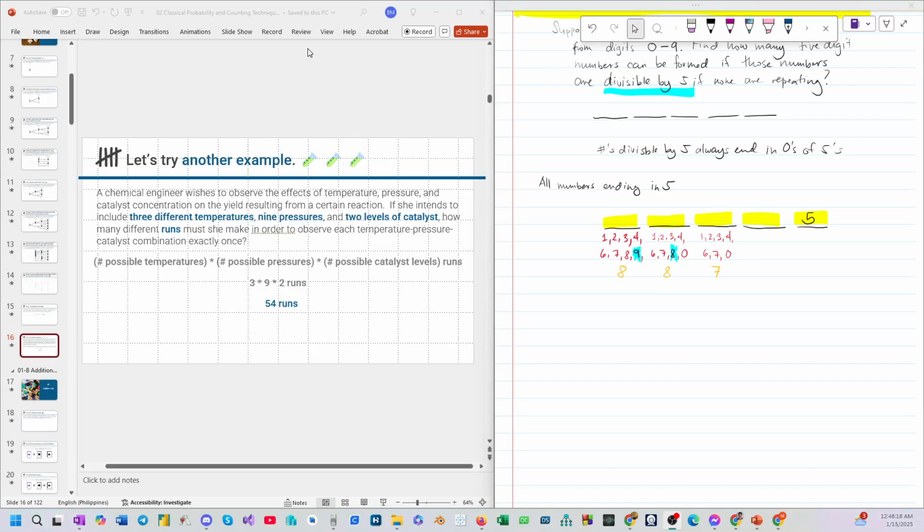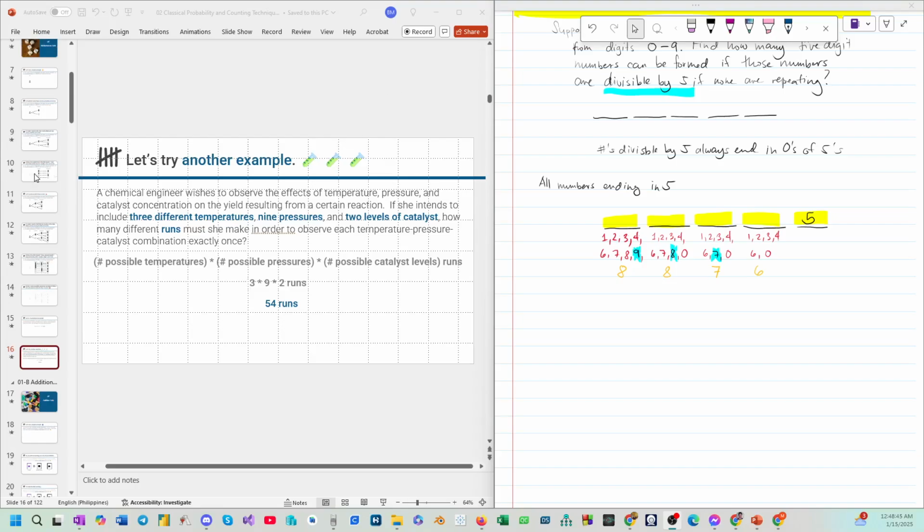Next is this one. Piliin naman natin, dito sa dulo is 7 naman. So we have 1, 2, 3, 4, 6, and 0 kasi hindi na pwede. So how many? We have 6.